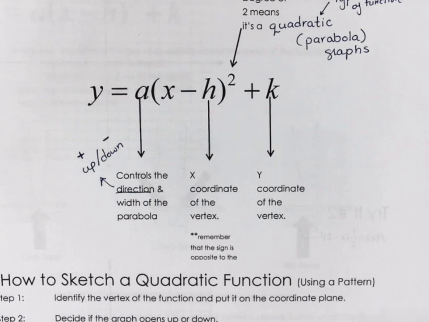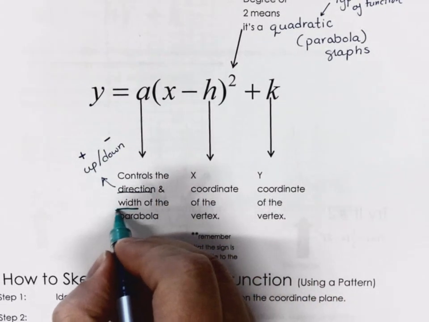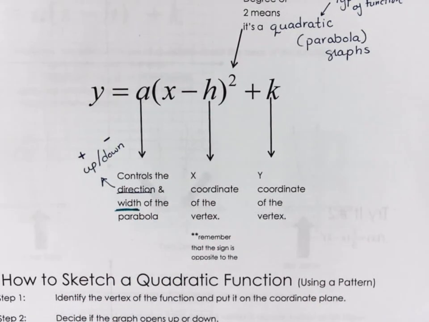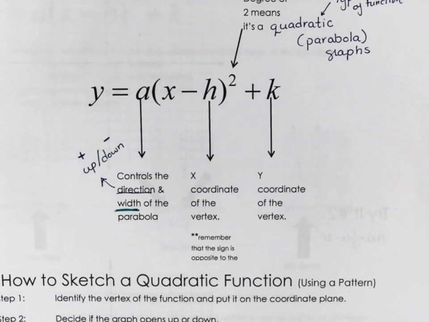Okay, and the a also controls the width of the parabola. So what do we know? We know if it's a fraction, it's going to be wide, or is it going to be skinny? Wide.